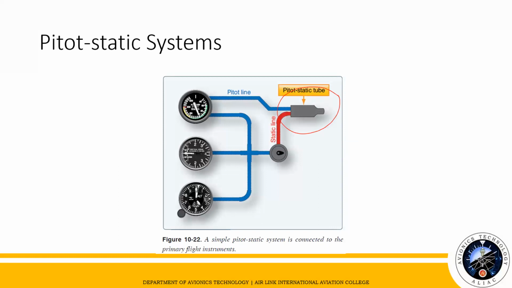So, kinukuha dyan yung impact and static air pressure ports, and meron siyang mga leak-free tubing connecting this air pressure pick-up points to the instruments that require the air for their indication.